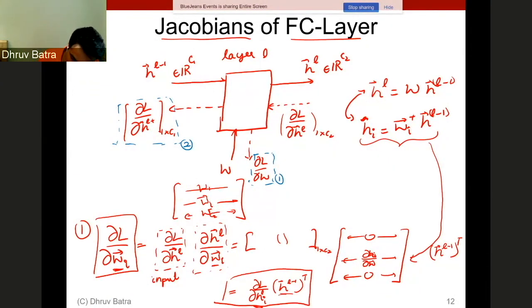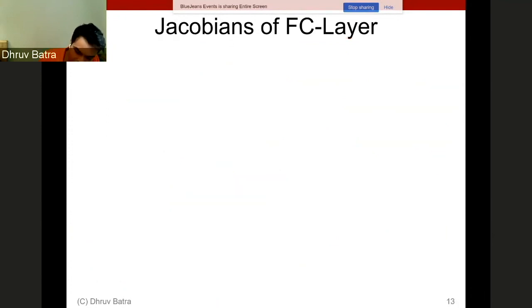So the second derivative that we need to compute is partial of loss with respect to HL minus 1. This one is somewhat easier. We know that HL is equal to W times HL minus 1.